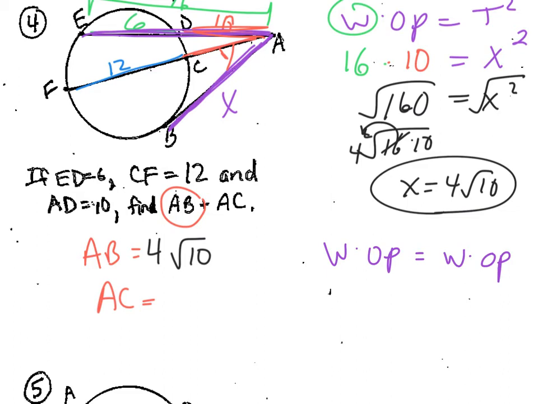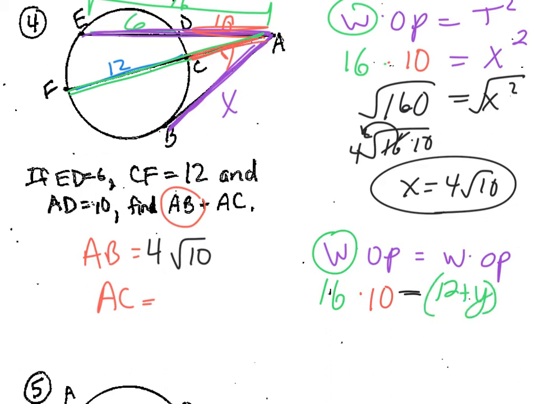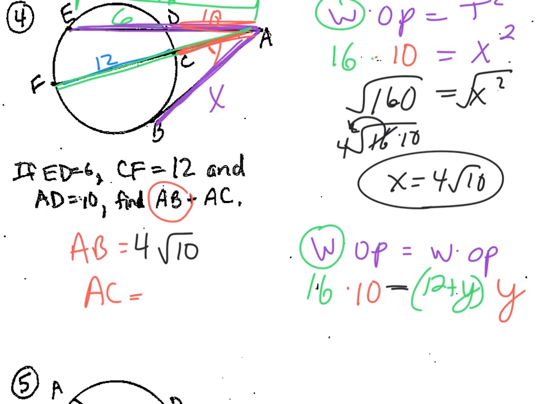Left side is going to be exactly what I did up above, because I have the whole length for AE up here: 6 plus 10, or 16, times my outer part, which is 10, equals the whole length for AF. Whole length is 12 plus Y, times my outer part, which is just the Y. Okay, so make sure you can agree with that setup.